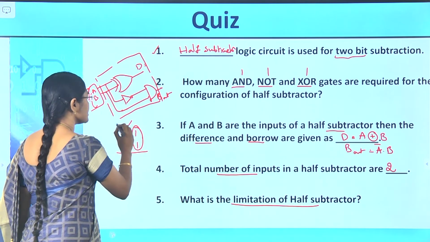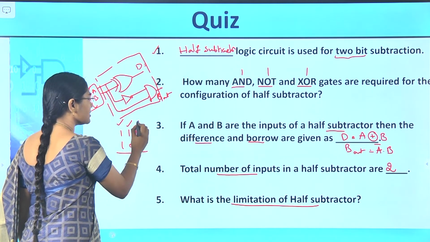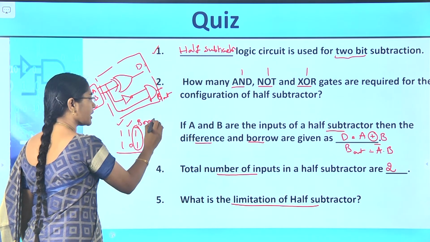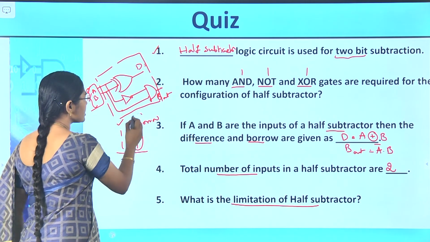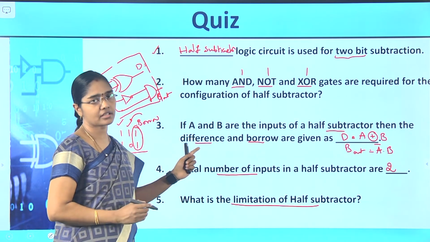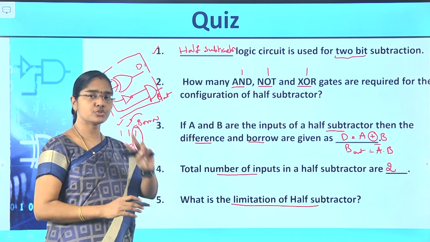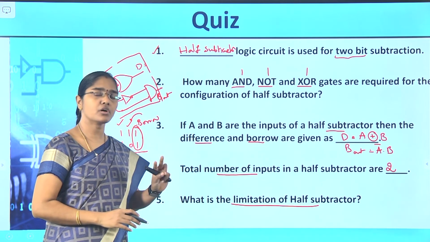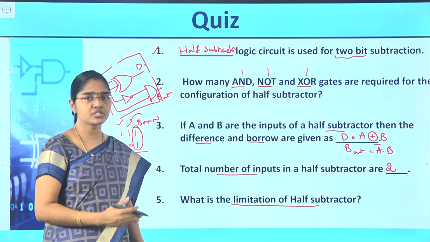But for the next stage, the borrow from this stage may be required. That borrowing concept is not included in the half subtractor. It is subtracting only 2 bits. It is not taking a borrow from the previous stage for the subtraction operation.